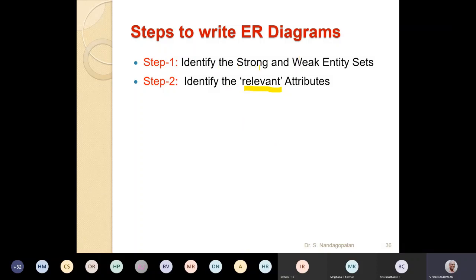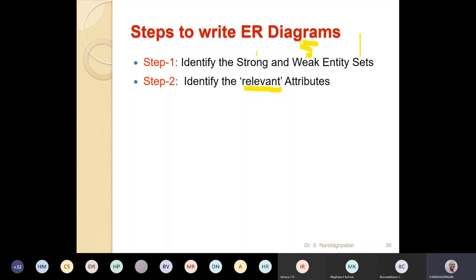You would have identified, say, 5 strong and 1 weak entity in step 1. Among these 5, pick one strong entity and identify the attributes. Attributes are nothing but the characteristic features of that particular entity. Don't worry about the rest of the 4. You can just hide them, you can forget them also.